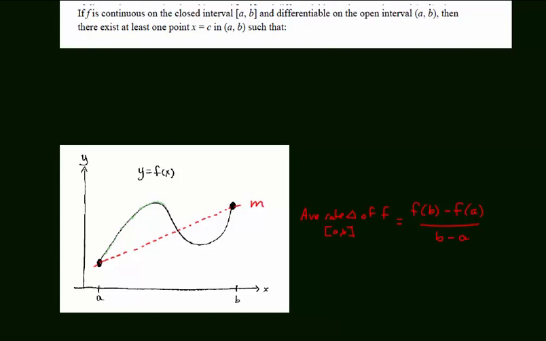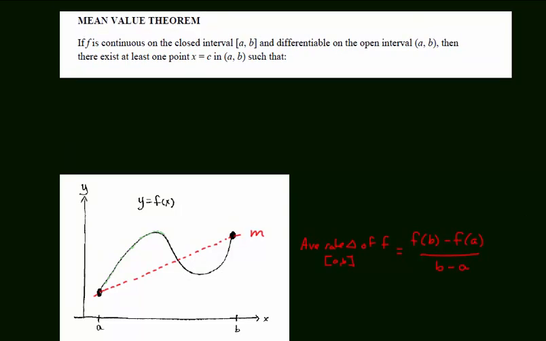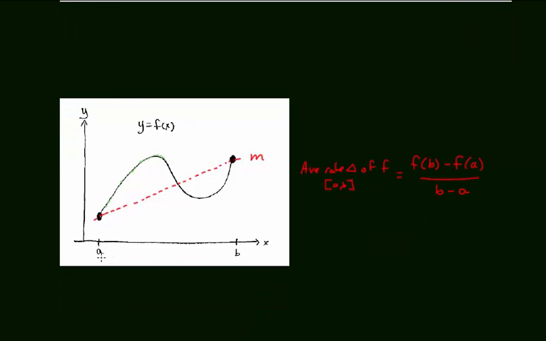So what's the guarantee here? If the function is continuous on the closed interval and smooth, then there has to be at least one x value between the a and the b here, such that, well, can you guess it? Such that the instantaneous rate of change equals the average rate of change. See, these two lines are parallel. The slope of this line is equal to the slope of the line in red.